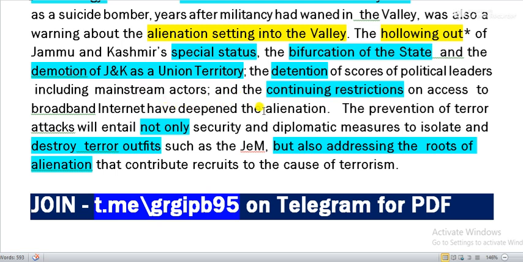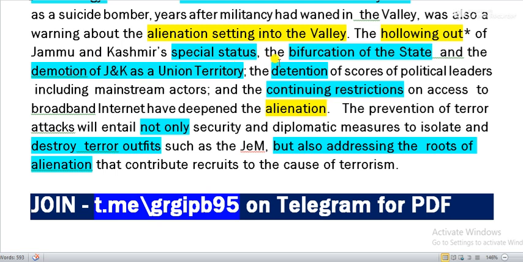have deepened the alienation. Now it says that the alienation has been described over here. The following factors have made Jammu and Kashmir aloof from the rest of the country. What are those things? The first is removal of special status, then the bifurcation of the state into Jammu and Kashmir and Ladakh, and converting both of them into union territories.